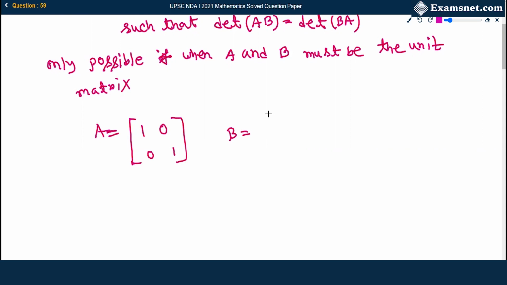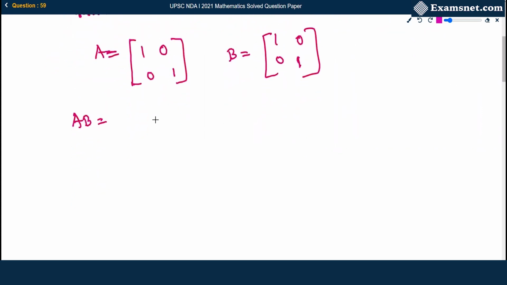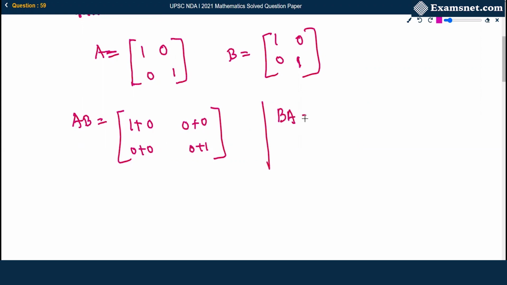Also, let's say B is another unit matrix 1 0 0 1. Now first find AB. So AB is 1 plus 0, 0 plus 0, 0 plus 0, 0 plus 1. For BA also 1 plus 0.